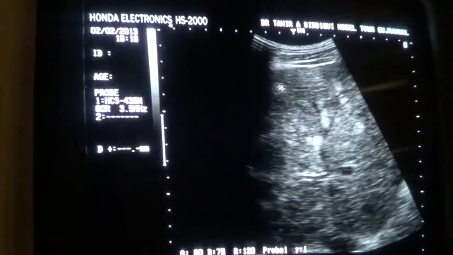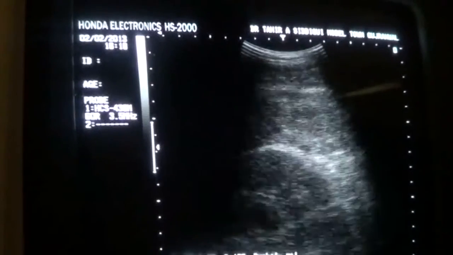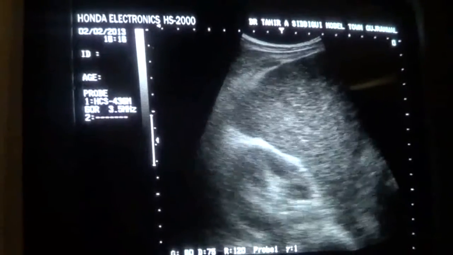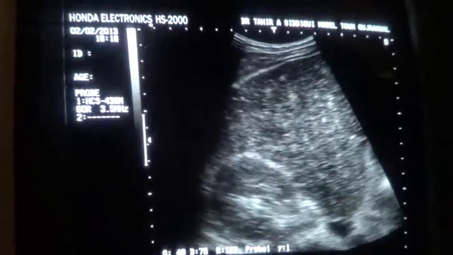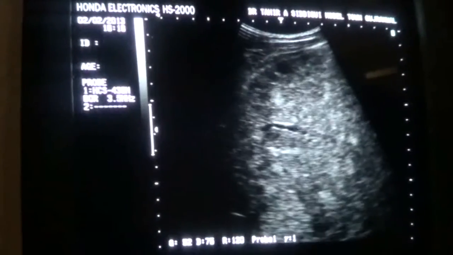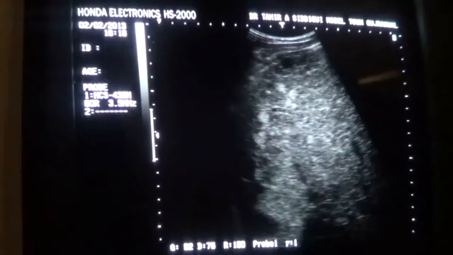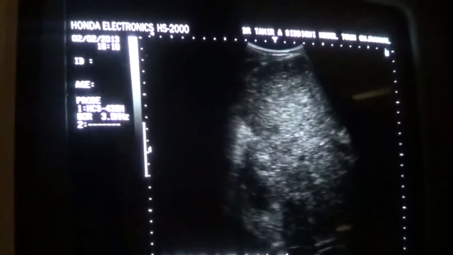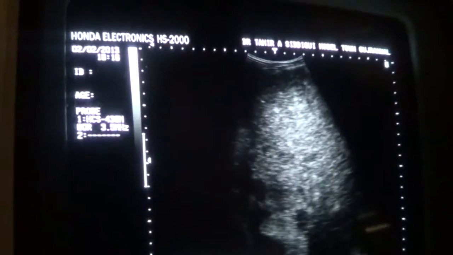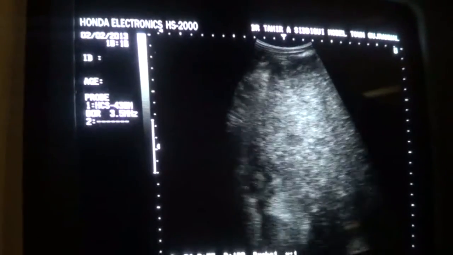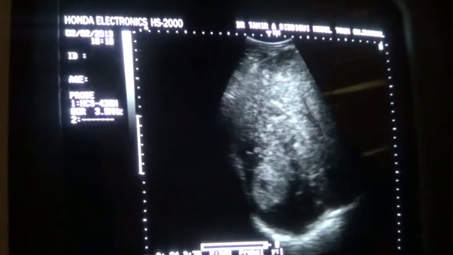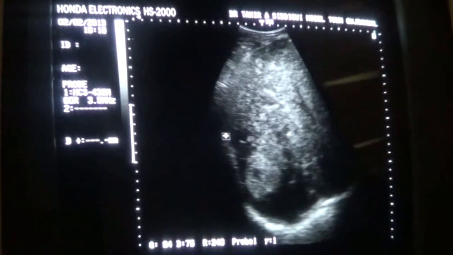In this view, we can see the transverse section of the kidney as well as the right lobe of the liver. Now we are seeing the right lobe of the liver from a subcostal view, and you see there is a solid echogenic area. This is a focal lesion.